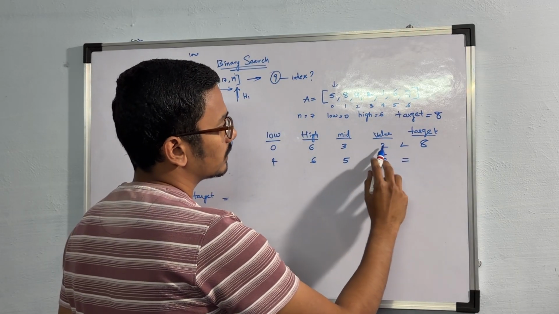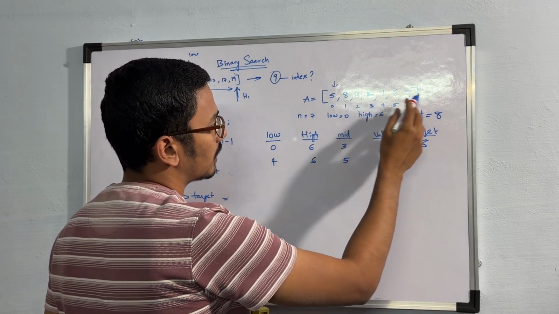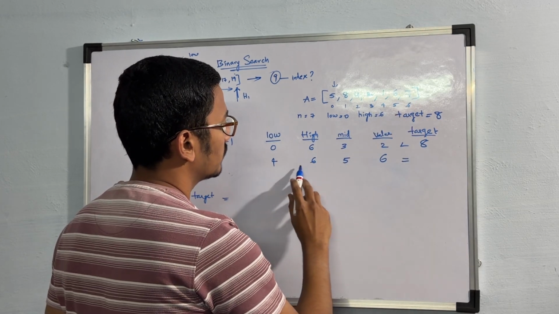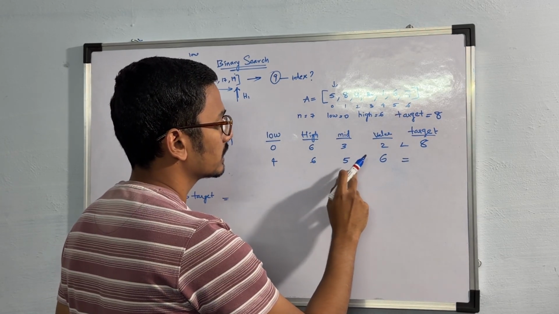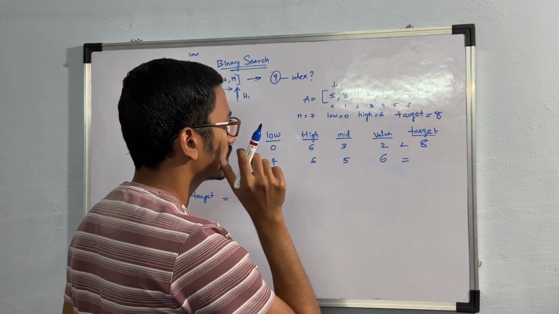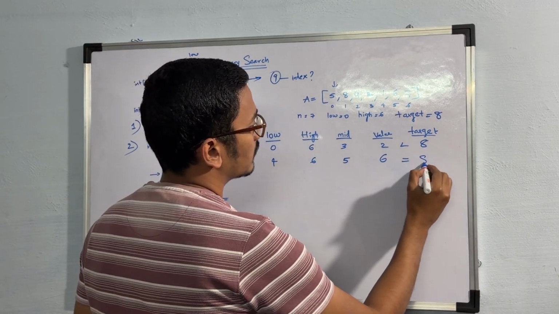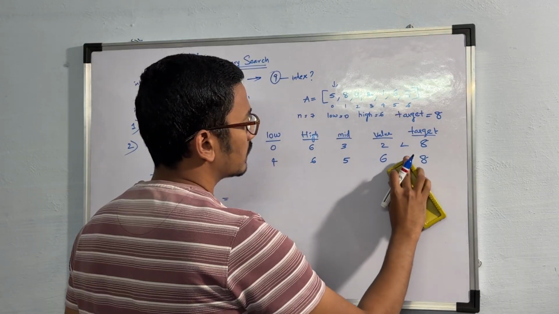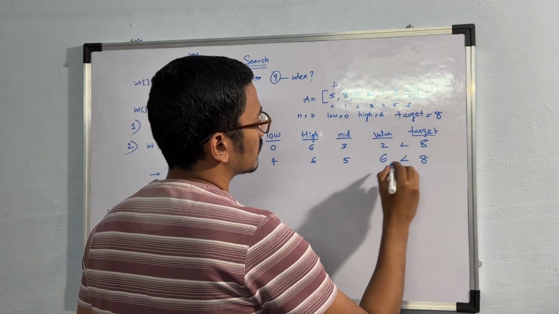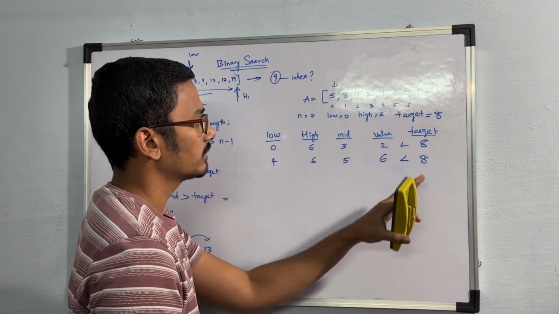The low, high and mid values don't change. The value also doesn't change because indexes and values are interlinked. So the target is 8. 6 is obviously less than 8. So once again we just have to shift to the right.